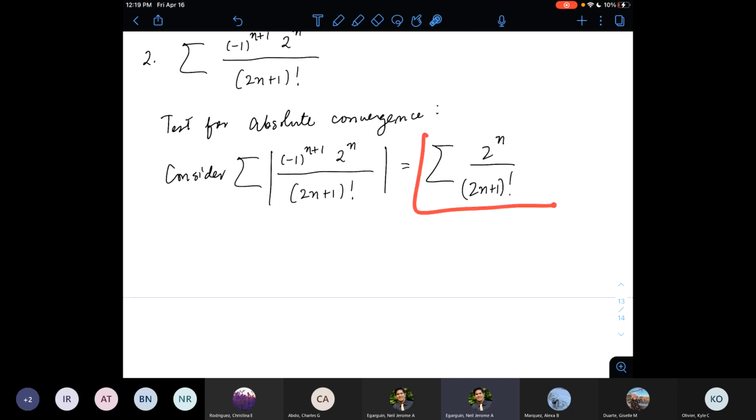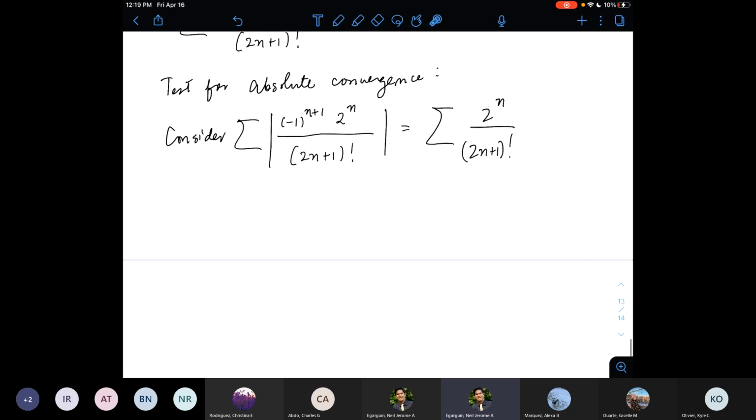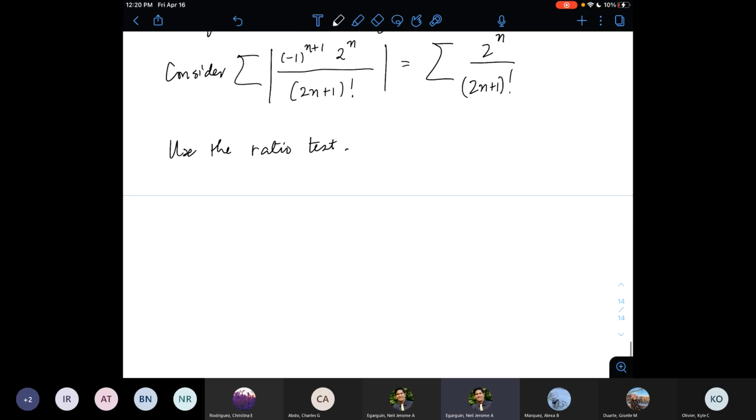But do you remember, guys, what's the method to use for series like this? You have factorials involved. So hopefully by now you know that the ratio test might be helpful for this. So I'll apply the ratio test. So for the ratio test, we take the limit of a sub n plus 1 over a sub n as n approaches infinity.